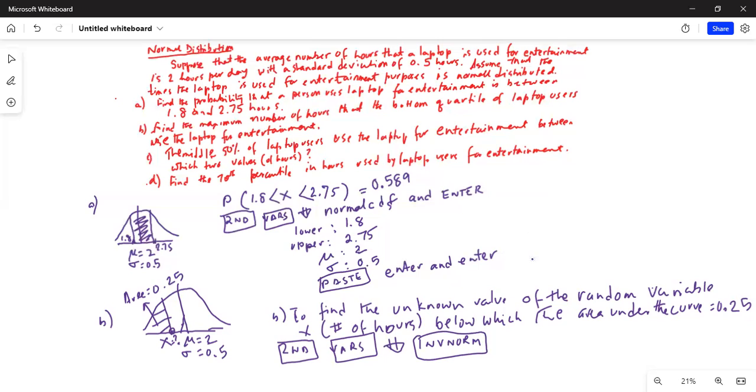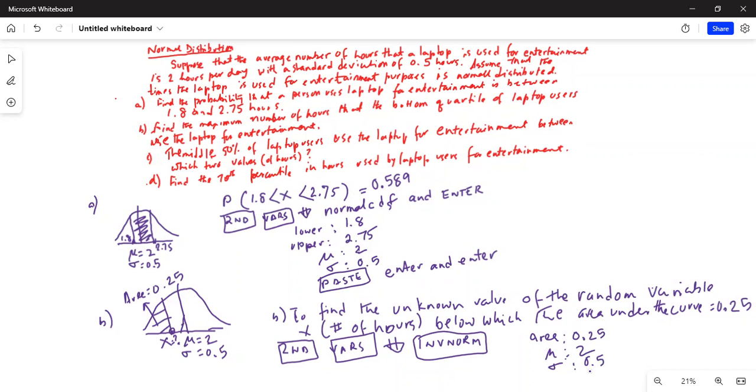Now it asks for area. So type area, which we know below that x is 0.25, type 0.25. Mean mu type 2, sigma type 0.5.